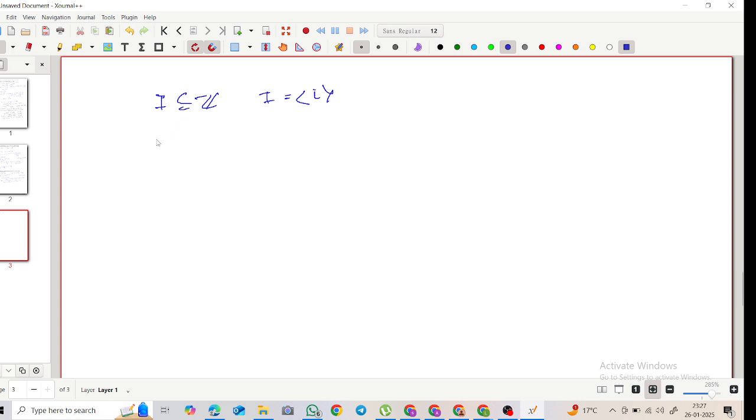And you can check that this intersection is generated by LCM(A, B), and this ideal is generated by GCD. So we try to look for rings with similar properties.